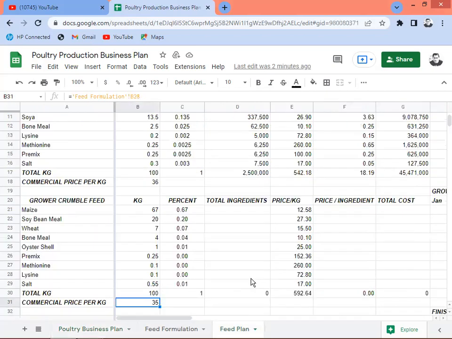Let's go back to the feed plan. Here the commercial price per kilogram for the grower crumble feed is 35 pesos, or 35 rupees.